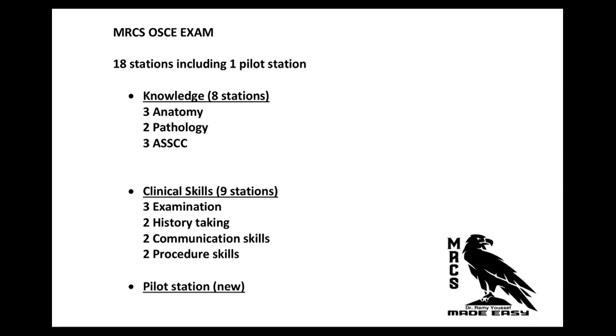According to the clinical skill stations, you have 4 types of station in this part of the exam. You have the examination station, and you should be well trained on these stations.